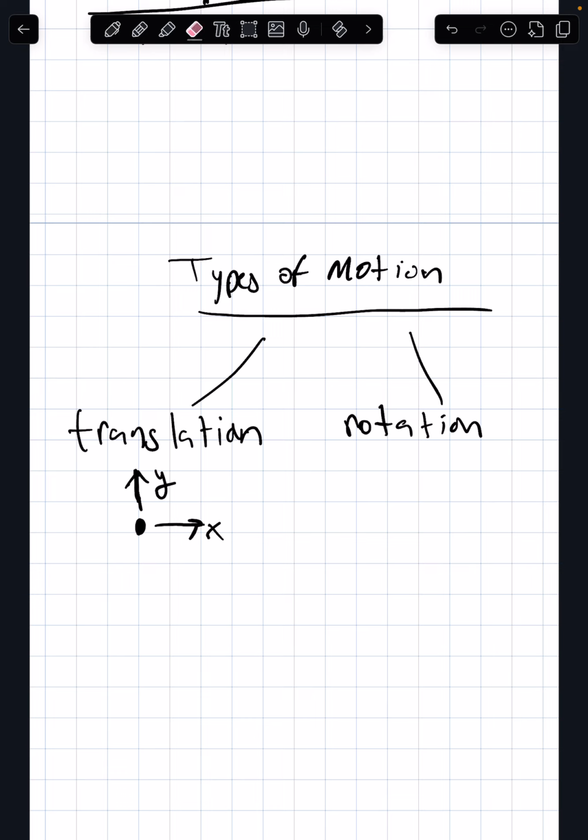And also, in rotation, this particle can spin, can create a rotation, something like this. Imagine it's spinning this way. So that's what rotation is. So these are basically our two types of motion: translation and rotation.